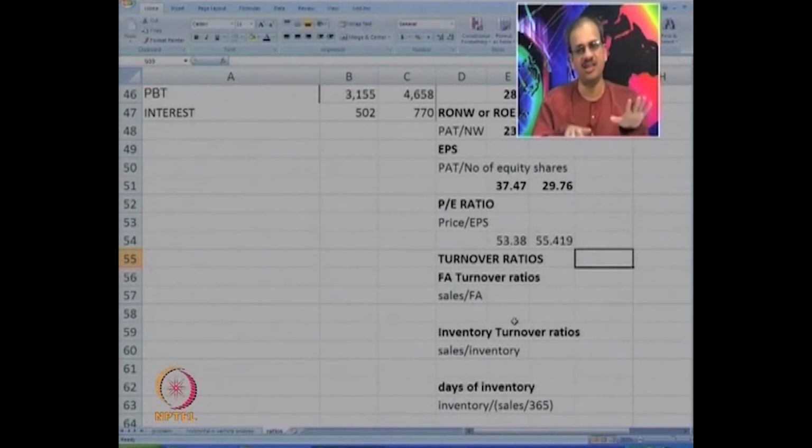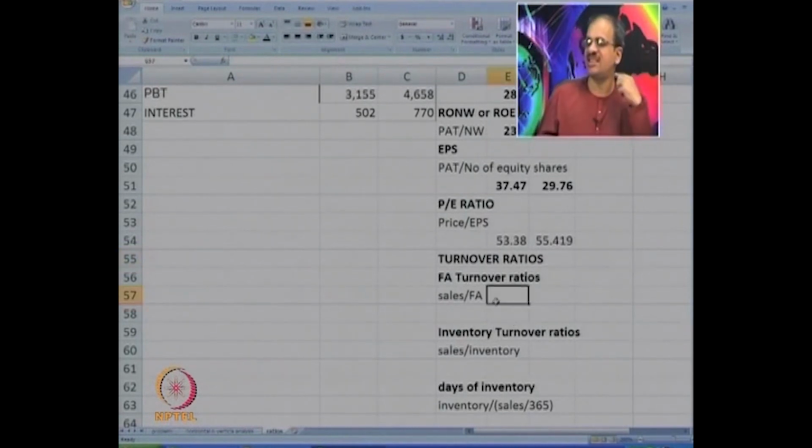Next we have seen return ratios which calculate profitability versus the capital employed. Now we are looking at activity or turnover ratios which show how efficiently the assets are being managed. So, the first ratio in this category is the fixed asset turnover ratio. The formula is sales upon fixed assets.